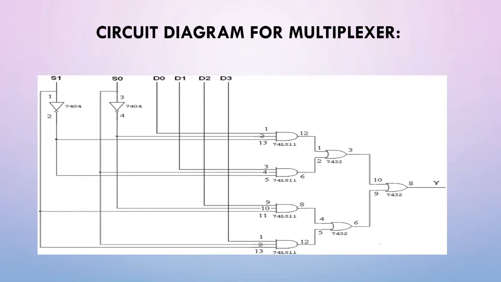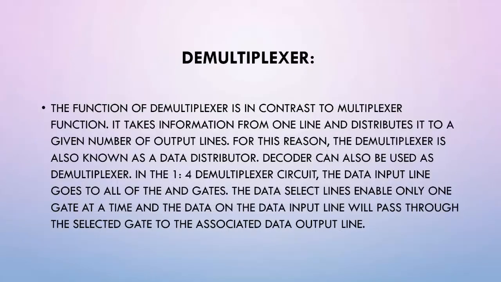So each AND gate will receive the 3 inputs. By these, the AND gate outputs are combined to form the input of the OR gate. So finally we are getting the final single output.